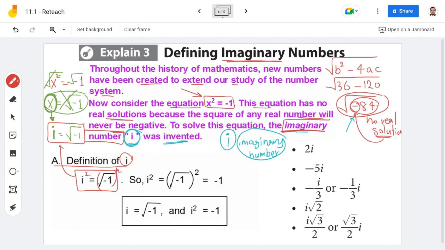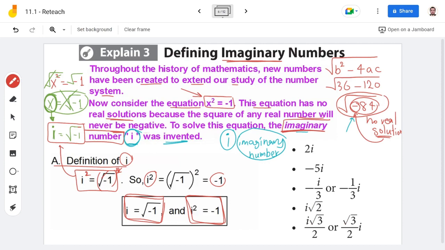Then i to the power of 2, and the square root of negative 1 to the power also 2. So now this 2 will cancel the square root, so it remains i squared is equal to negative 1. Just to summarize, i is equal to the square root of negative 1, and i squared is equal to negative 1.